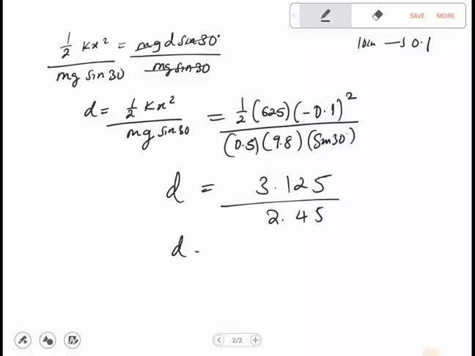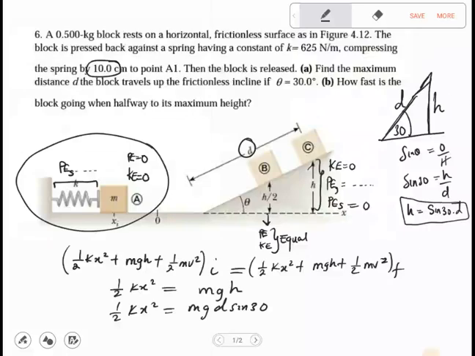So our d equals 3.125 divided by 2.45, giving me 1.28, which is 1.2755. But remember I said physics rounds off to 3 significant figures, and our d is equal to 1.28 meters. Wow, that was great. Then part B says, how fast is the block moving when it's halfway?